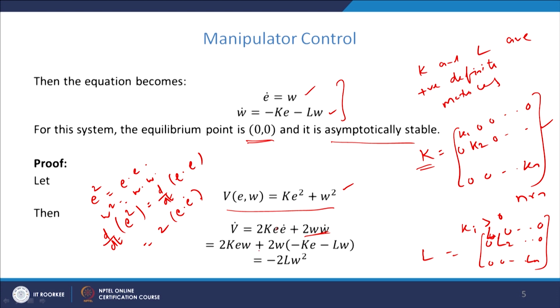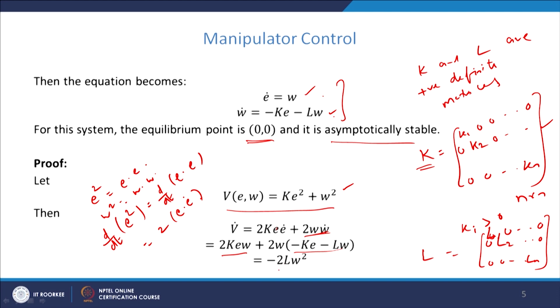Now, we can take this expression by substituting the values of E dot and W dot from these two equations. We get 2K E, E dot is W, that is the first term, and 2 W and W dot is given by this.